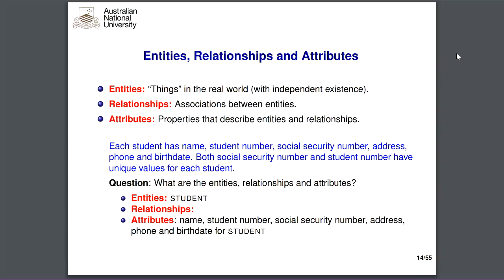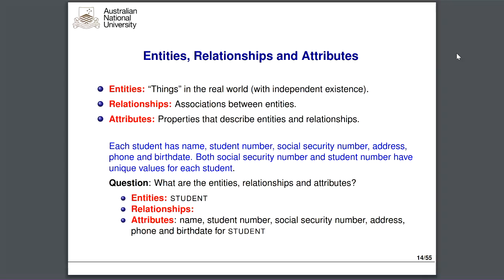A relationship is an association between entities, at least two entities, and then there are attributes for each entity and relationship. Now in this case, each student has a name, a student number, a social security number, so this is a copy of the sentence we just had previously.